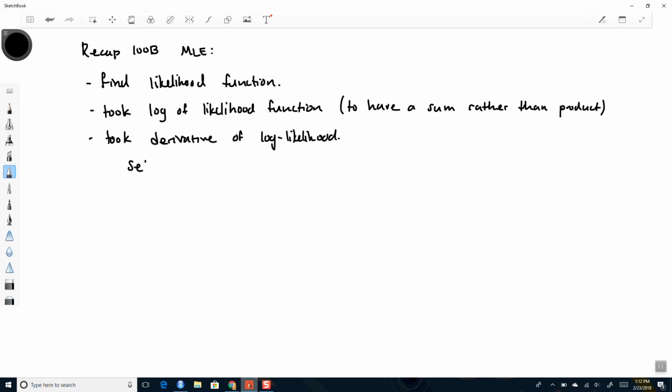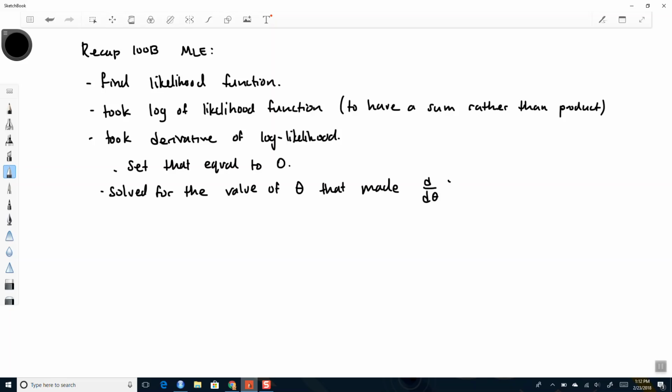You set that equal to 0. And you solved for the value of theta that made the derivative of the log likelihood equal to 0, right? And so this value of theta will then be a value that corresponds to a local minimum or maximum.